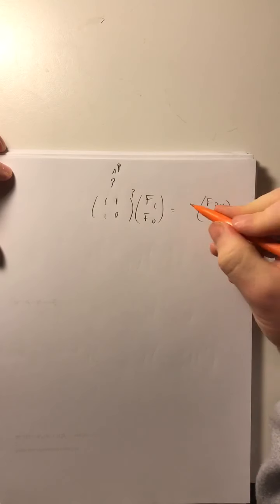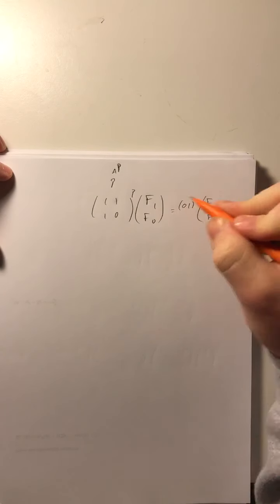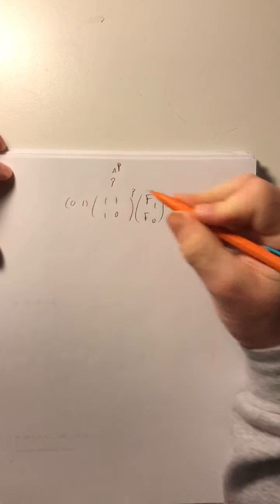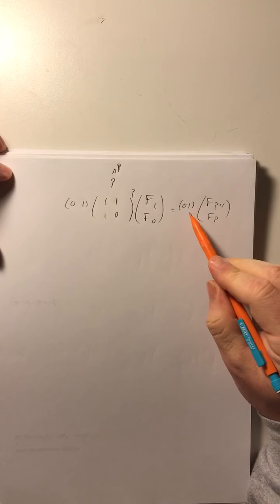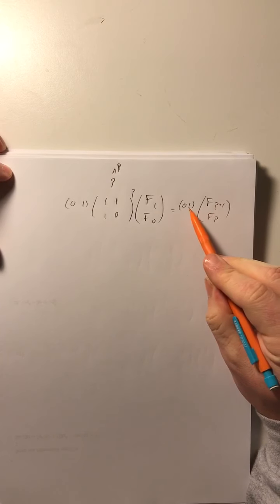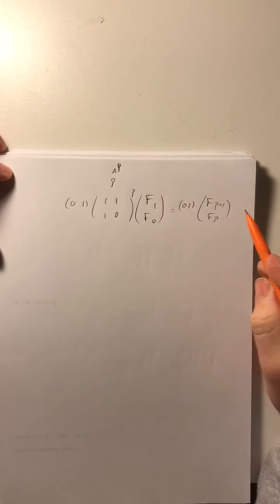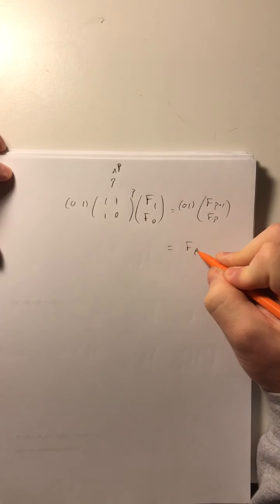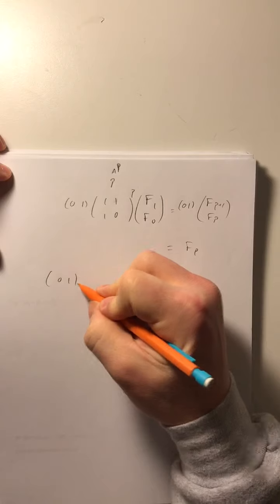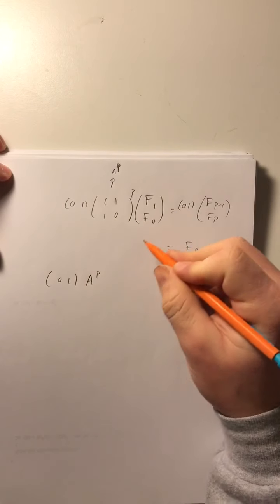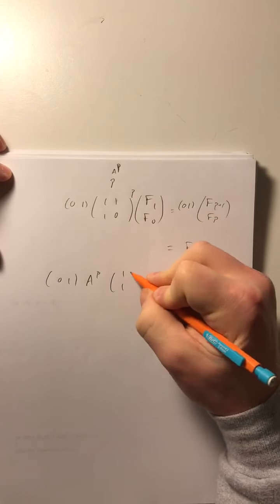And now if I take this and multiply it by 0, 1, so all I really care about is one of these two numbers, that's going to be 0 times F(P+1) plus 1 times F(P). I'm just going to get F(P). Okay. So 0, 1 times A to the P times, well, F1 is 1 and F0 is also 1.